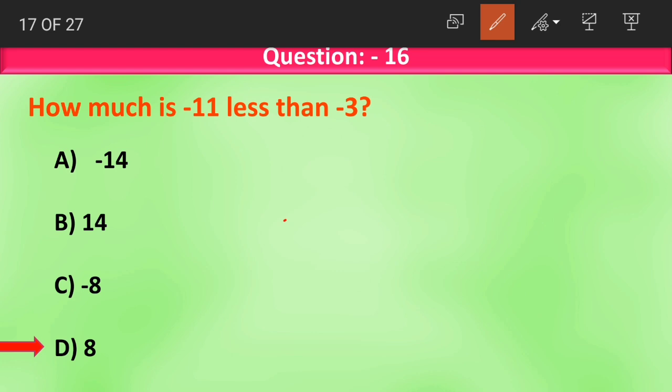Understood, na, class? What did we do? Minus 11 less than minus 3. So minus 3 minus of minus 11. If you get confused like this in a question how to solve, as I said, replace these numbers with any two familiar integers like 2 less than 3. If they ask you how much is 2 less than 3, what will you do?